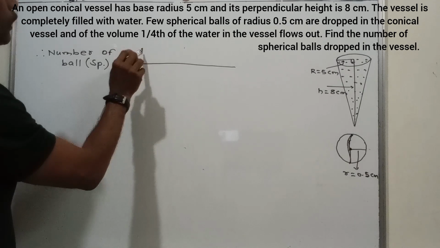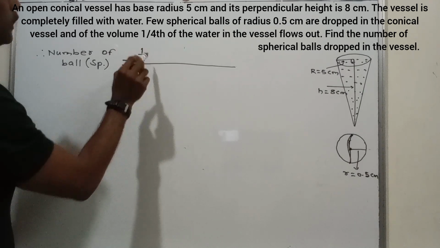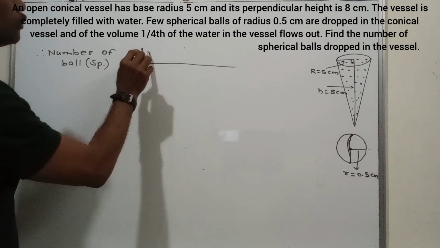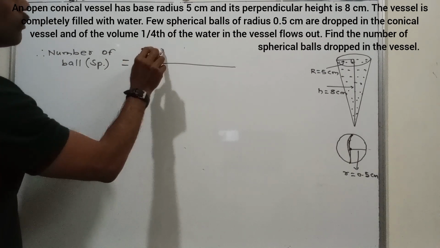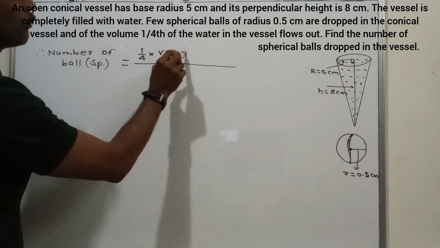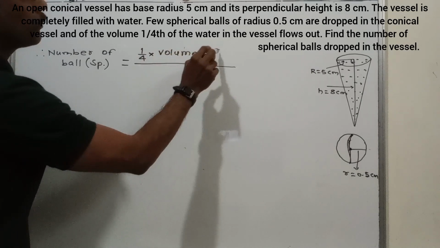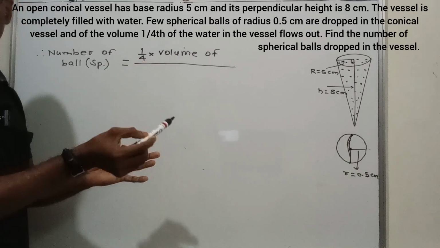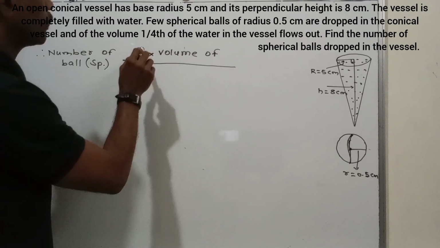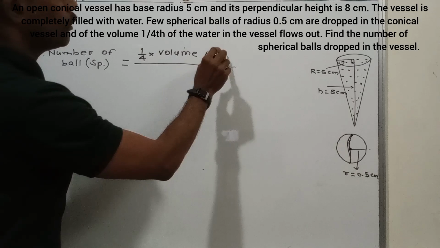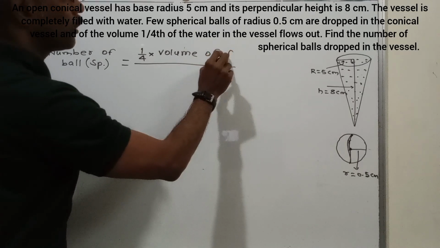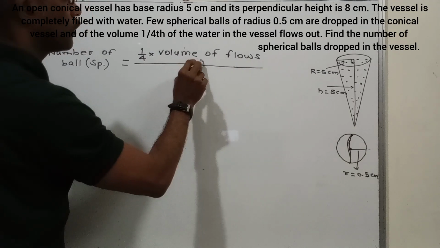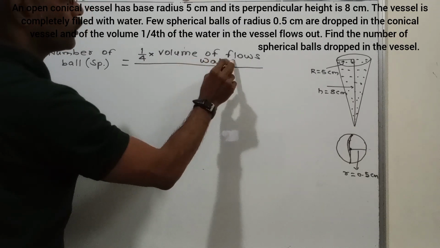So we find that volume, 1/4 into volume of spilled water or flowed water.